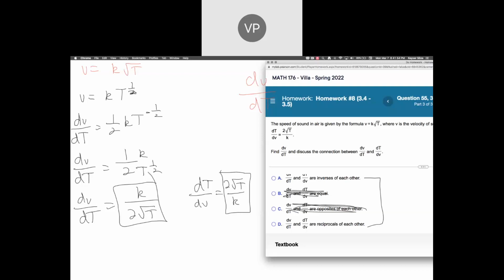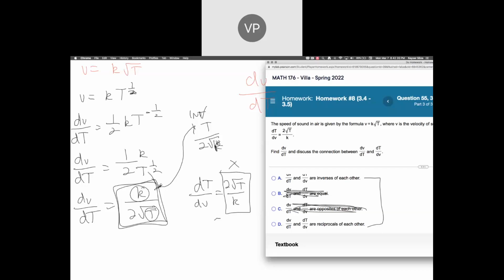So just to show you for fun, the inverse of this thing is when you swap the positions of the t and the k. Where this was a k, we put a t. Where there was a t, you put a k. That's what it means to be inverses. That's not what we have over here.